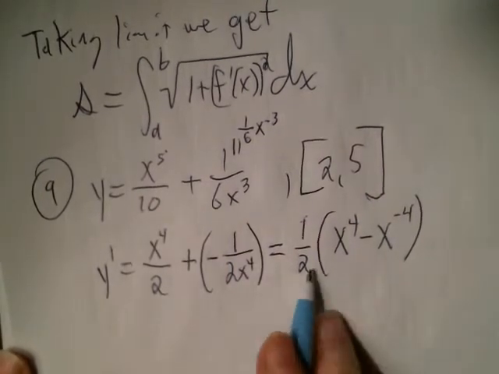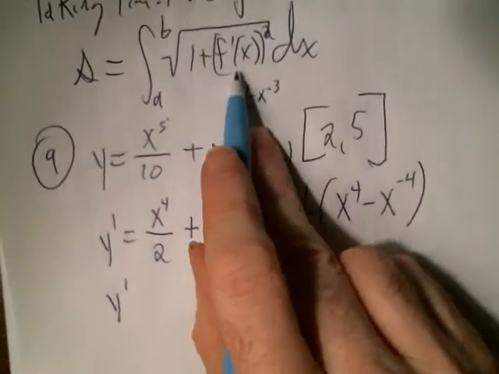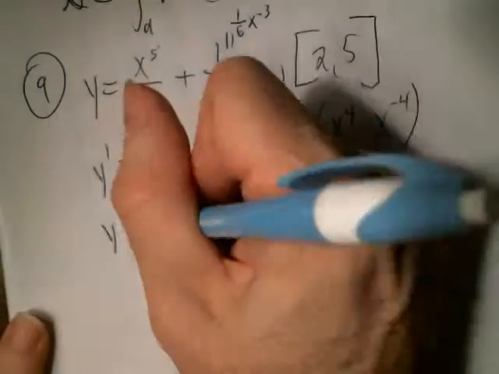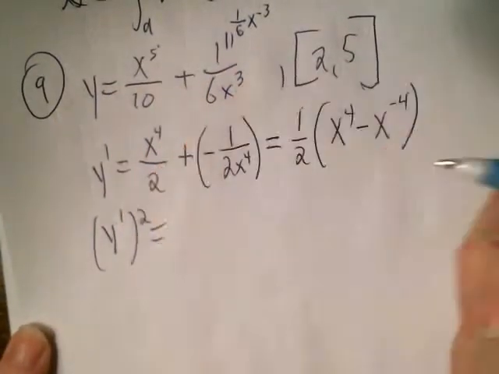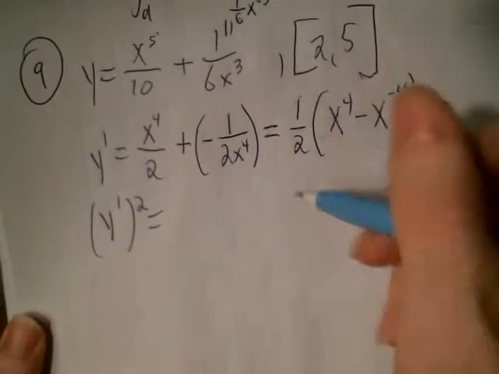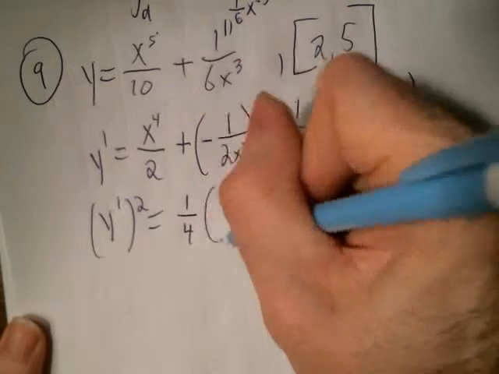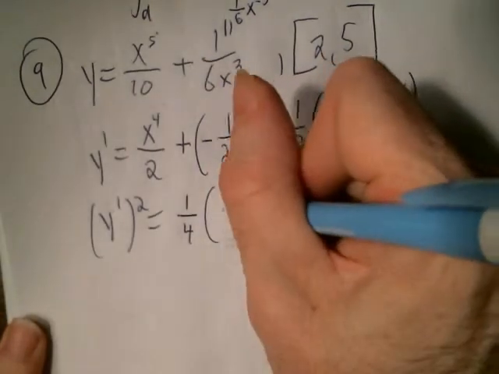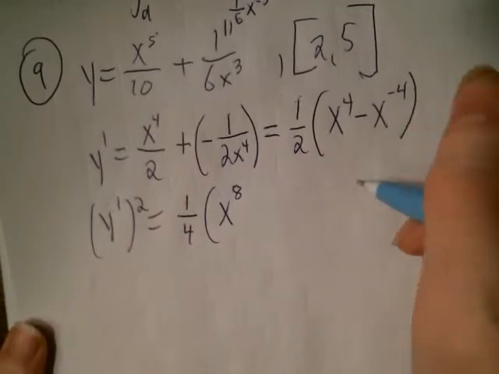We need to square this thing when we plop it into our fancy arc length formula. So this thing squared is equal to 1/2 squared, which is 1/4, and then this thing squared: x to the fourth times x to the fourth is x to the eighth.